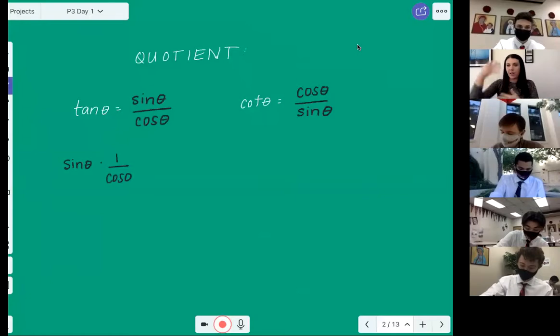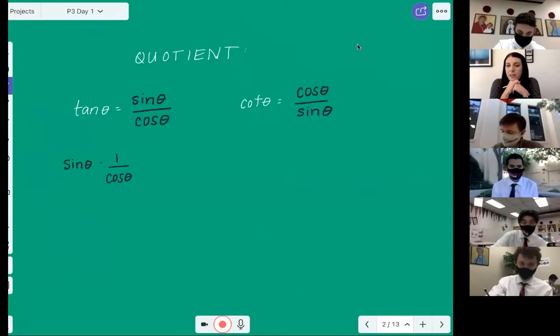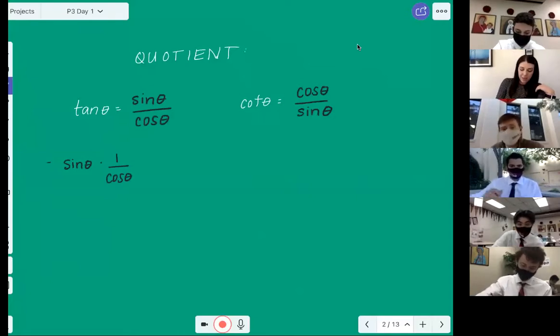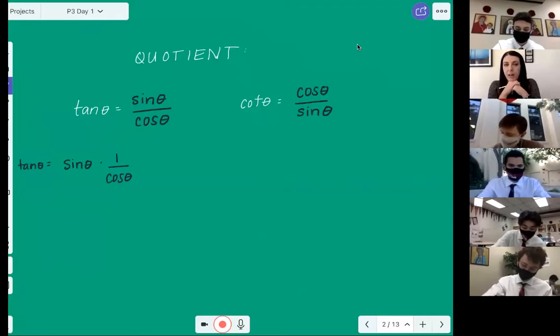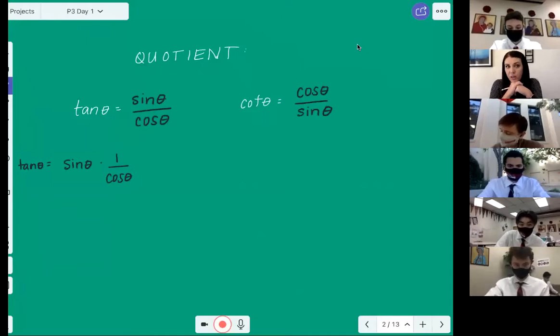Sometimes it's helpful, instead of having it as one fraction, to split it up as multiplication to be able to see what's happening here. That's exactly the same as what I had above, so it's the same as tangent of theta. Still tangent. Everybody hopefully sees that that's the same.